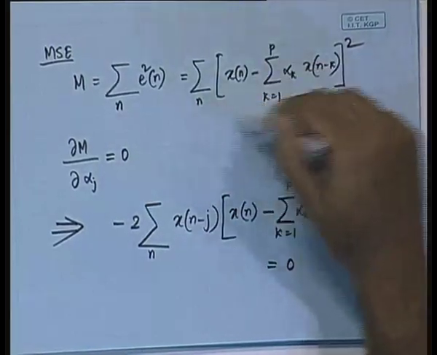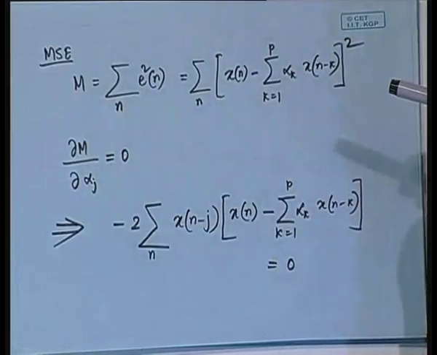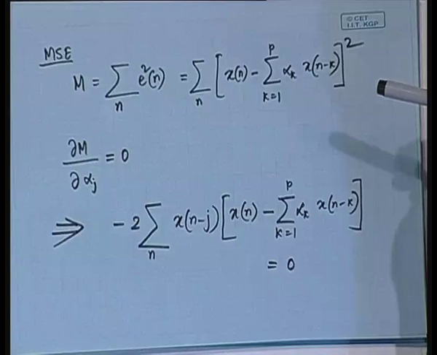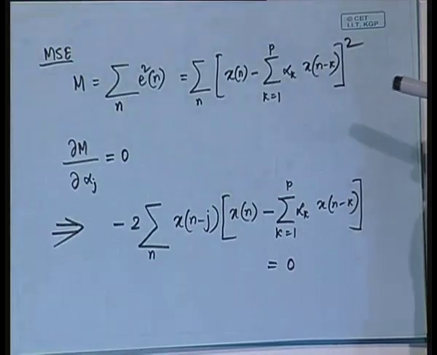Now, you see that in this expression, whenever we are differentiating with respect to alpha j, all other alphas, that is to say terms involving alpha 1, alpha 2, up to alpha p, will be 0 except for one term that contributes to alpha j.